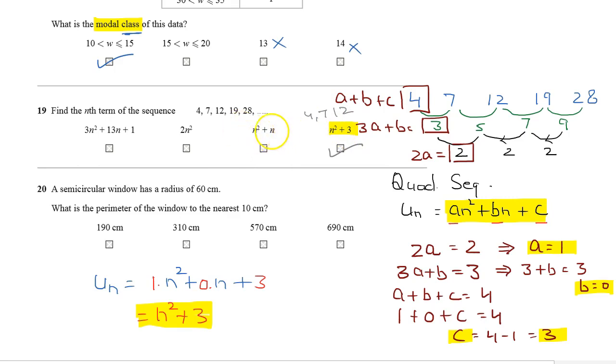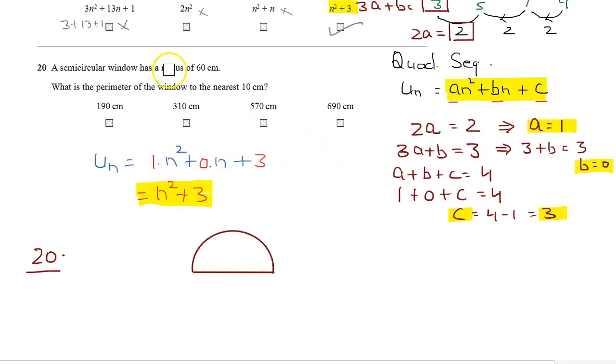N square is 1 square plus 1, 2. This is not the answer. 2n square, 1 square is 1, this is 2. This is also not the answer. 3 times 1 is 3 plus 1. So by putting just 1 you can see that all these are not the answer. If you are unable to do it, try to put the values 1, 2 and 3 in n and you will get the answer.